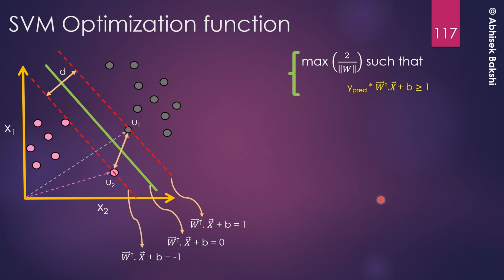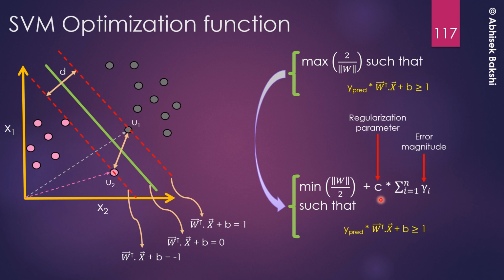C is what we call a regularization parameter, and gamma is some error magnitude. Remember this c and gamma for a moment, because when we write code, I will show you there will be an option to put different values of c and gamma as per your wish. So we will see that.